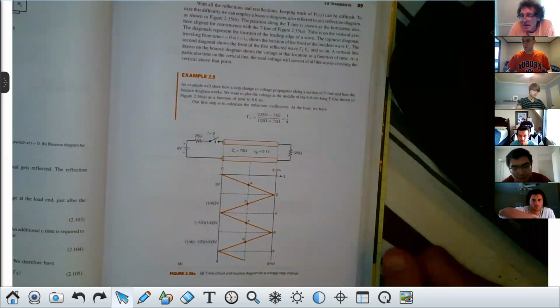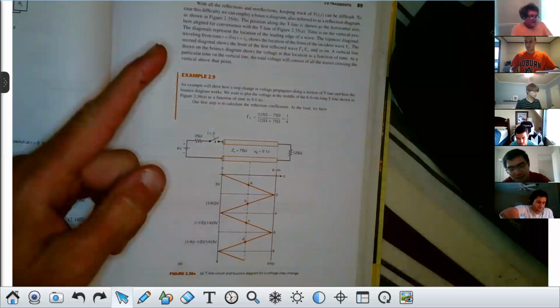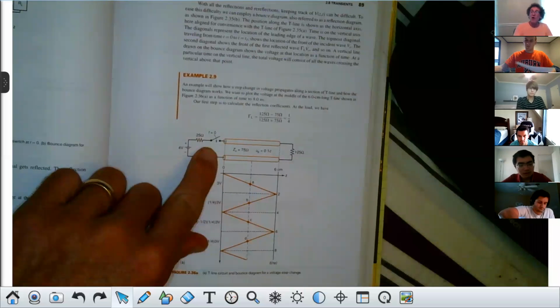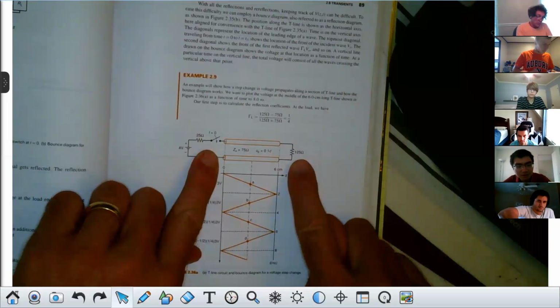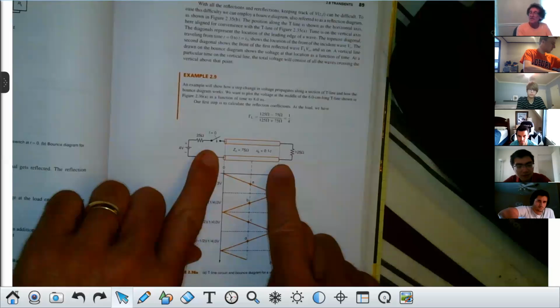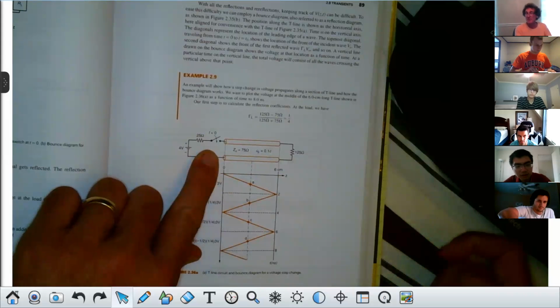Right. Well, we're going to cover that, but I can tell you 2 things that are important right off the bat. Once that switch is closed, after a long time goes by, the voltage on this load will be as if this transmission line isn't there. Because if you think about this, a transmission line is 2 perfect conductors generally, right?